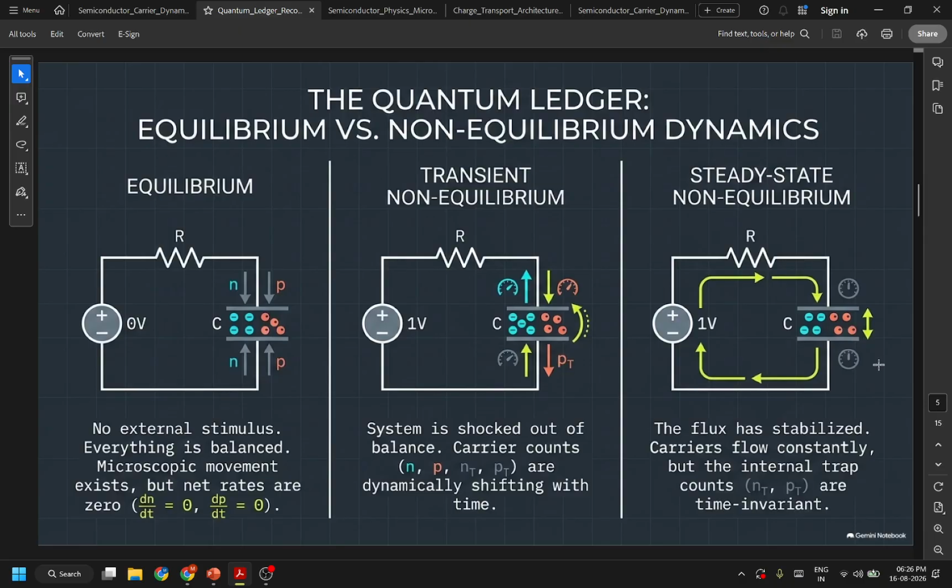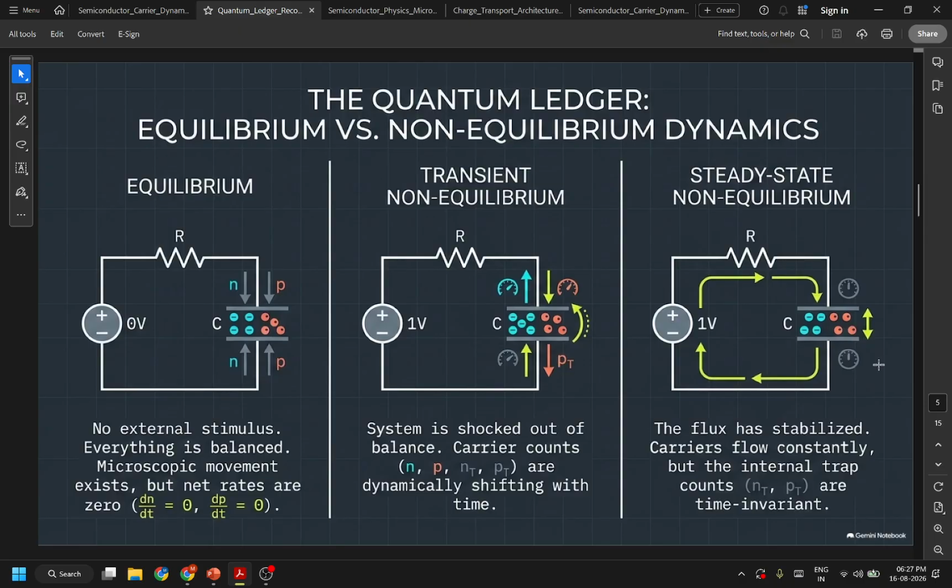So, equilibrium versus non-equilibrium dynamics. At equilibrium, there is no external stimulus, everything is balanced, and although microscopic movement exists, the net rates are zero. So dN by dt is zero and dP by dt is zero. Whereas in transient non-equilibrium, the system is shocked out of balance.